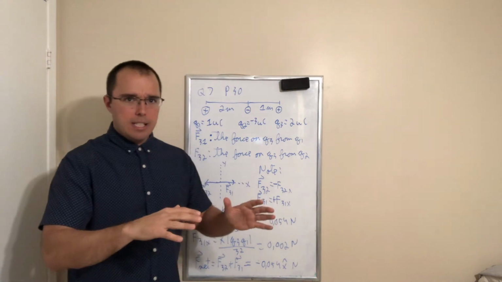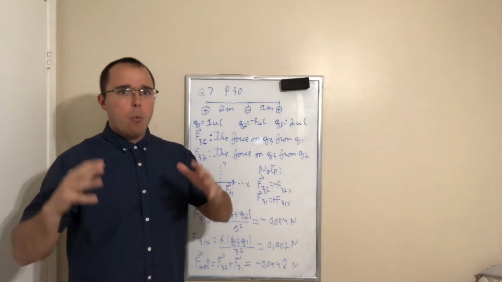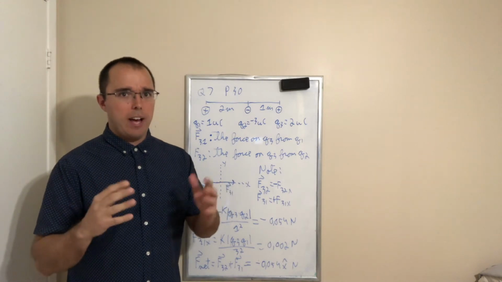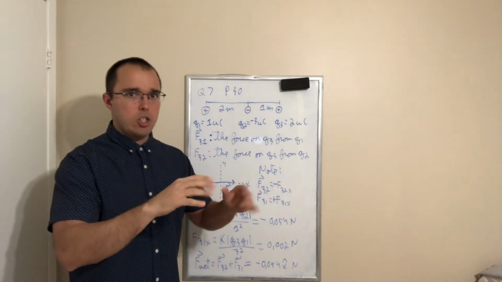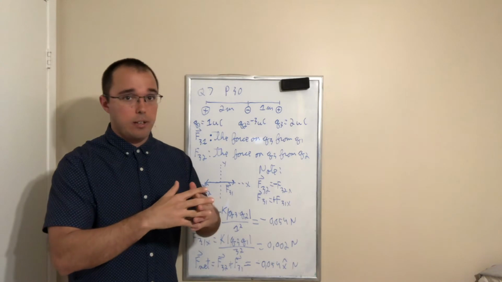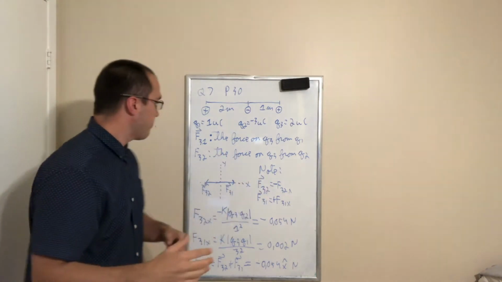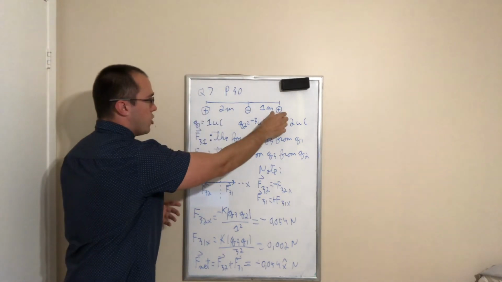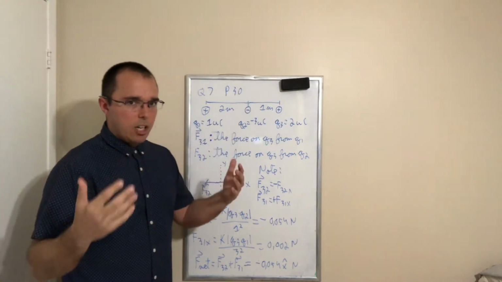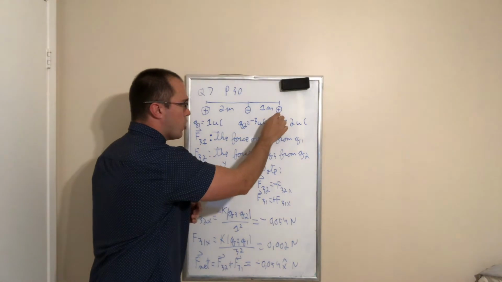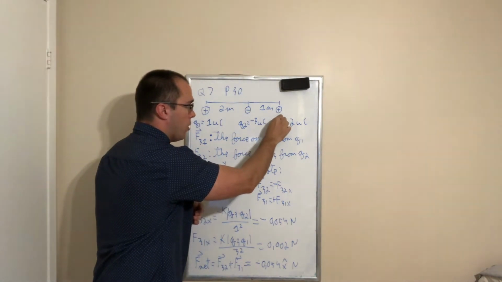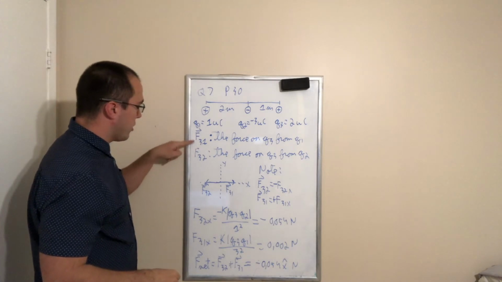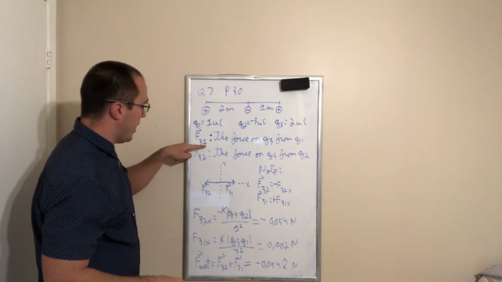Now, as you will see in the next few examples, when we add multiple forces together, it can become quite confusing really fast. So I'm going to set a notation that I'm going to use throughout the complete semester. So let's look at the first charge and the third charge. By the way, the question is asking us to find the net force on the third charge. That's the goal. So two pieces of notation I'm going to use: the force vector F31 between the third charge and the first charge.